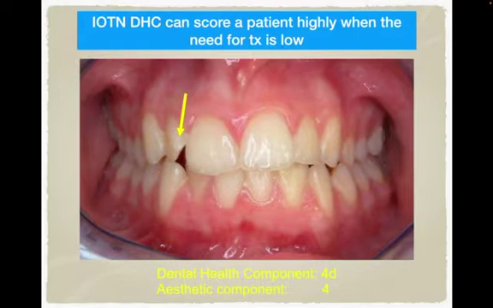However, if you look at the photograph, this patient is not in high need of treatment. Actually, he might live his life nicely without any orthodontic treatment. And this is the validity of the IOTN. Now, we can say that the IOTN is reproducible, but we can't say it's valid. All right? Because it can score a patient high when the need for treatment is low, and that's why we talk about the validity.